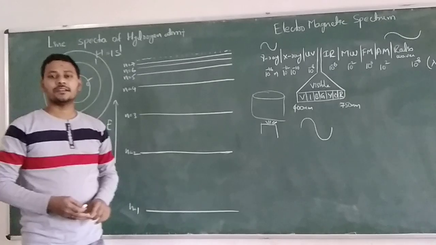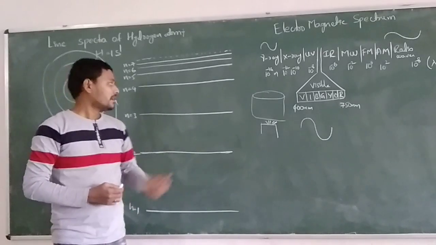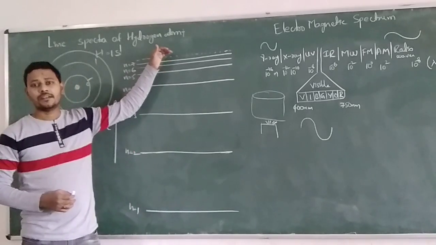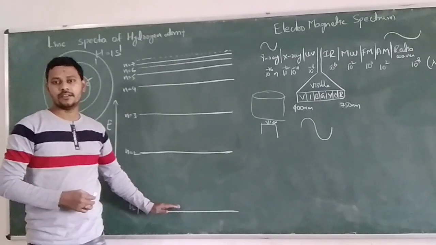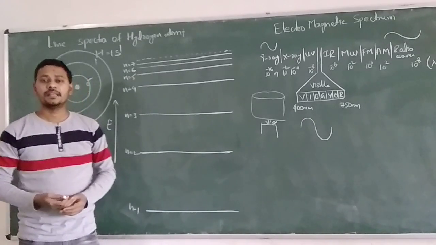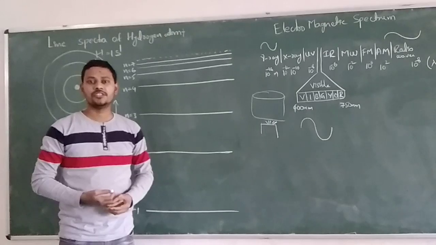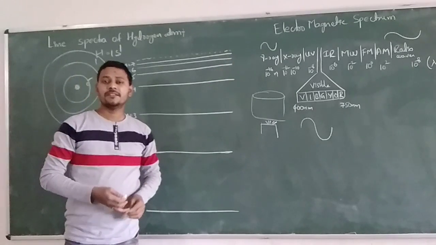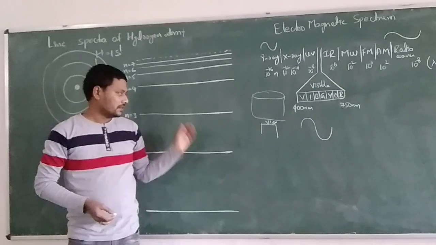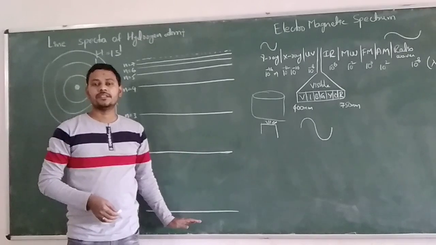This process is called excitation. But they cannot stay there for a long time. Again they come back to the original first energy level by releasing some amount of energy in discrete wavelengths.